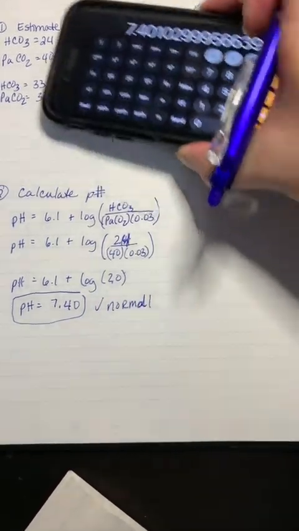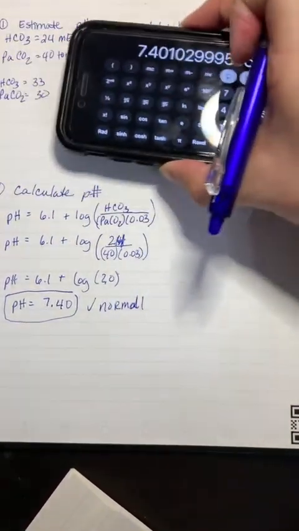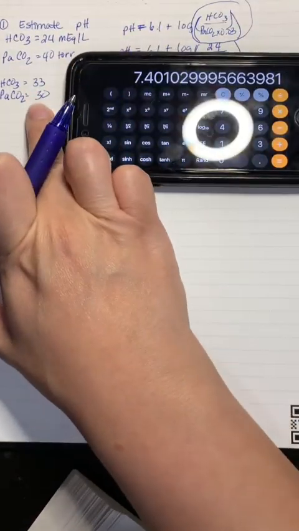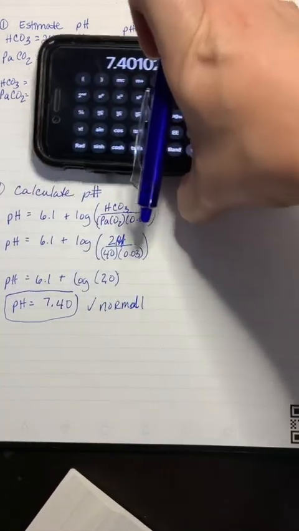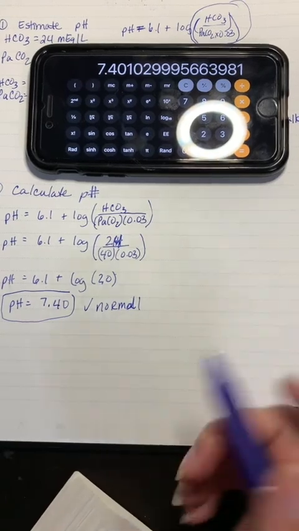Let's do this other one. Let's calculate your pH using our example of 33 and 30. It's actually a mixed alkalosis if you're going to really get into it.